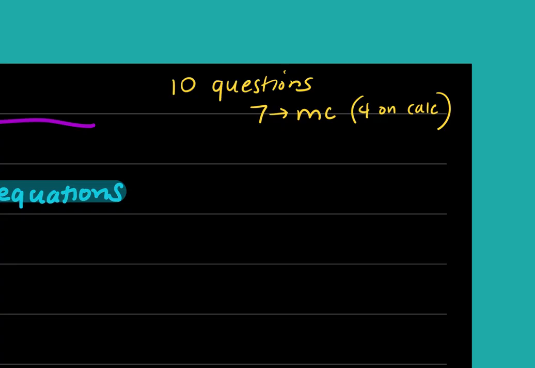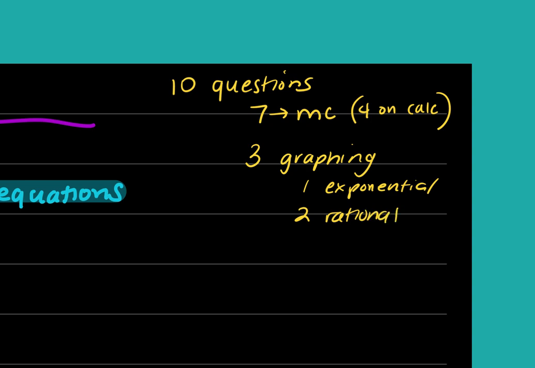And then there are 3 graphing questions. 1 exponential and 2 rational functions. These make up 65 of your points. Because the exponential is 15, it's broken into parts, but it's 15.